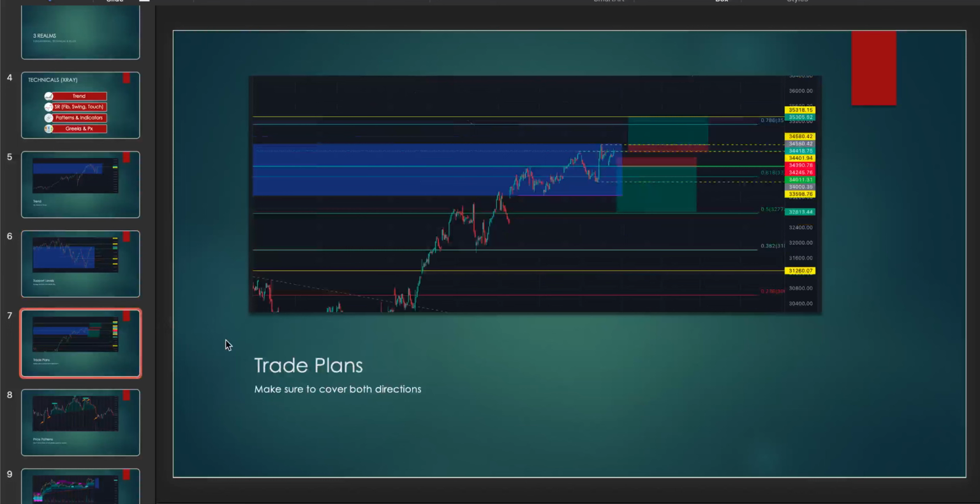And moving on to trade plans. Once you have identified those support and resistance levels, and once you have confirmed the trend, as in this case it is an uptrend on a much smaller time frame, but it is an uptrend, then you lay down your trade plans using the trade tool if you're using TradingView, which in this case is represented by these red-green boxes or rectangles here.